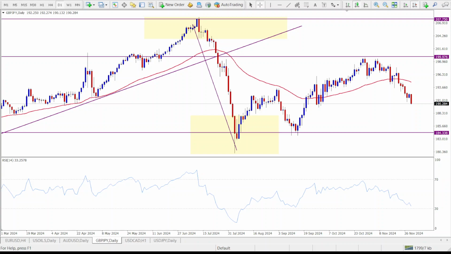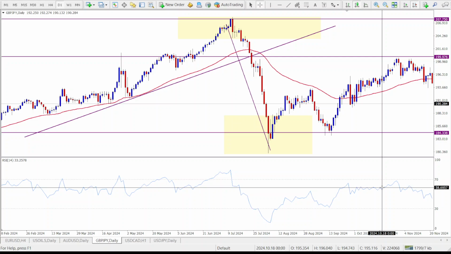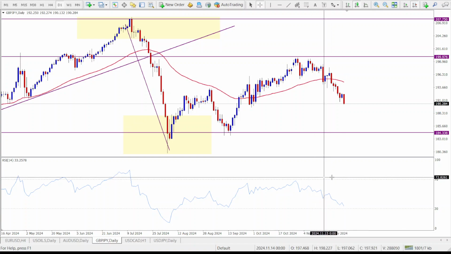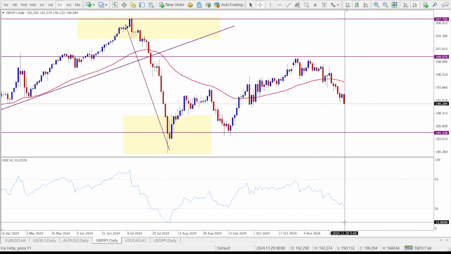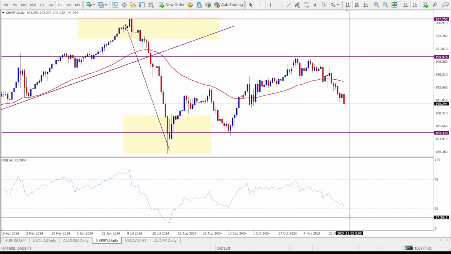Now, there are also times when the RSI crossover strategy might not be the best strategy to use. For example, during strong trending markets, when you have a very strong trending market, the RSI can often remain in the overbought or oversold territory for extended periods of time. In those cases, relying solely on the RSI crossover could lead to false signals.